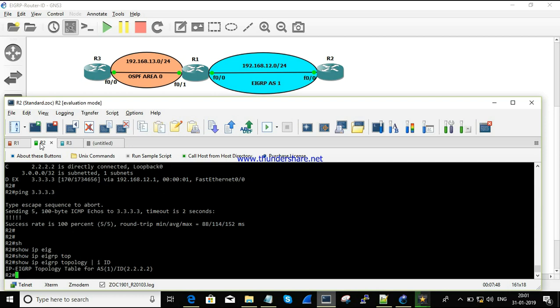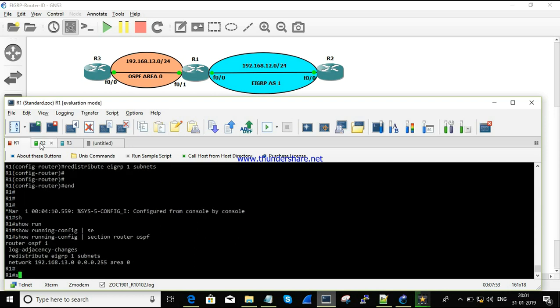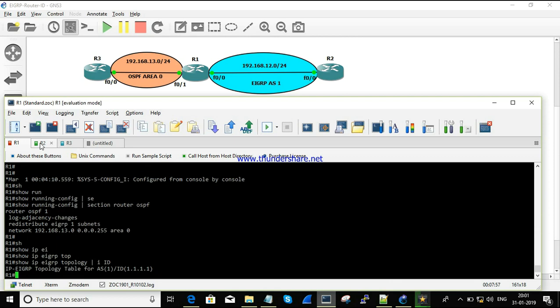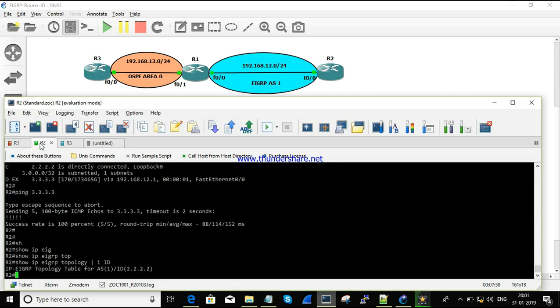It's 2.2.2.2 in R2 and 1.1.1.1 in R1. We can change either R1 or R2 to have the same router ID. Here I'm going to change the router ID of R1 to 2.2.2.2, which is the router ID of R2.